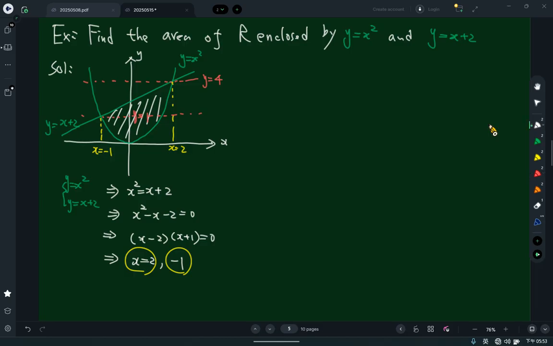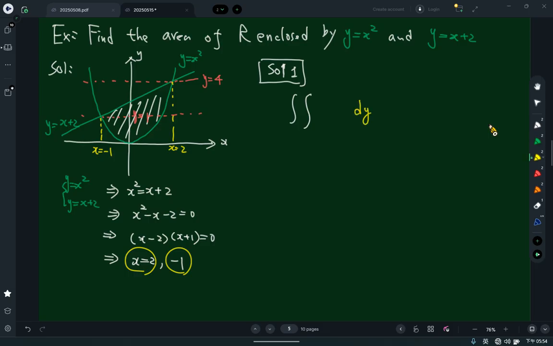Okay, so there are several methods for you to solve the problem. Solution 1. For solution 1, if we just go for y first, okay, let me just show you. If we try to construct the double integral, then we go for dy first.